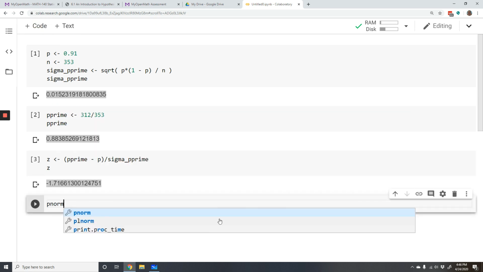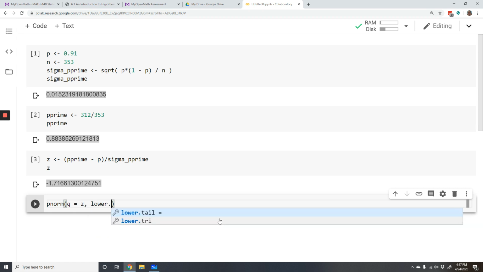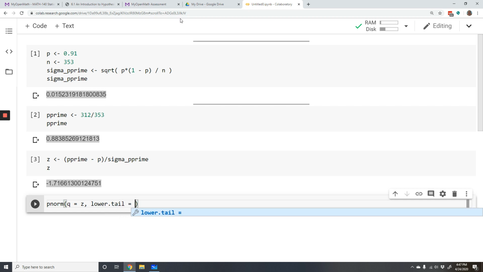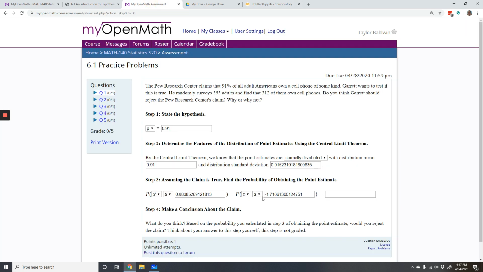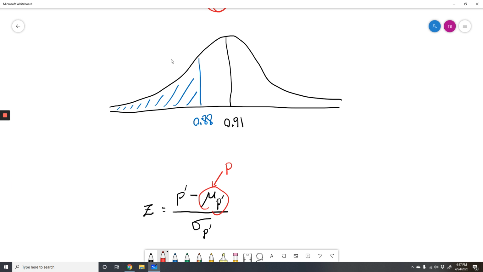So my probability, p-norm, I'm going to plug in the z-value that I just found, and I just have to decide if I'm going to be lower tail true or false. Since it's less than or equal to, that means I am using the lower tail, right? And we could also check our picture. Right here, the lower tail is shaded.